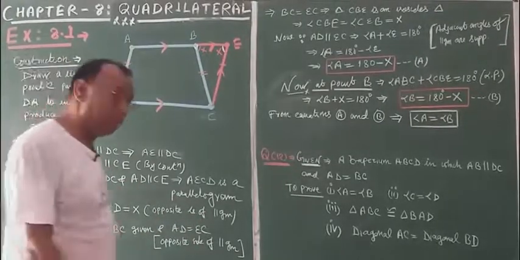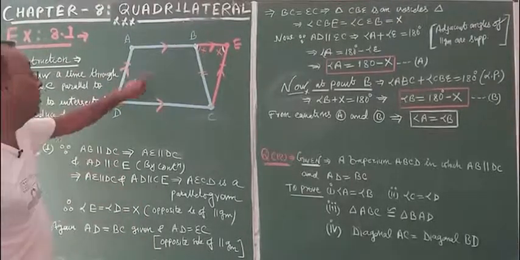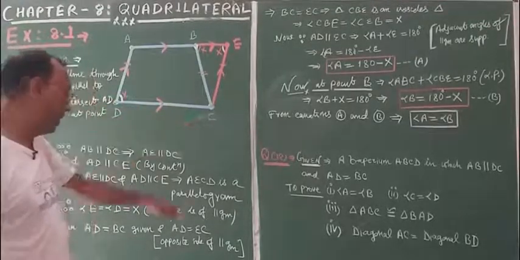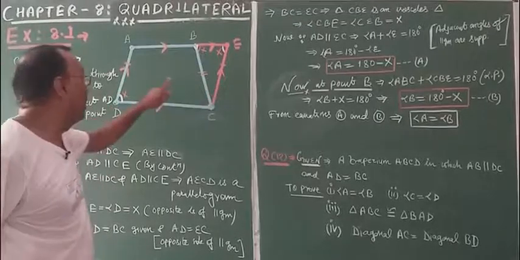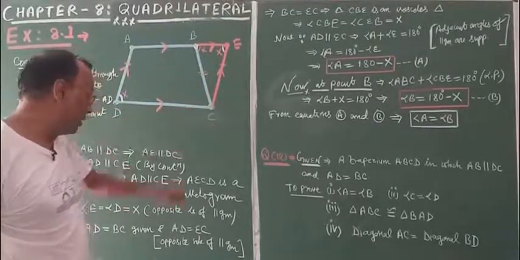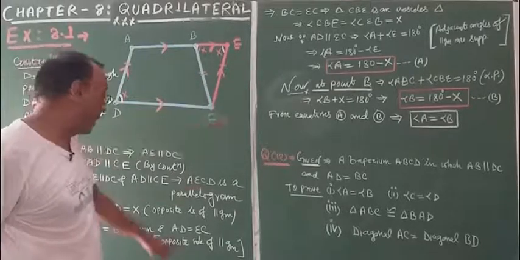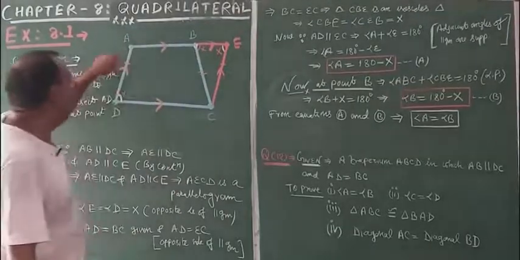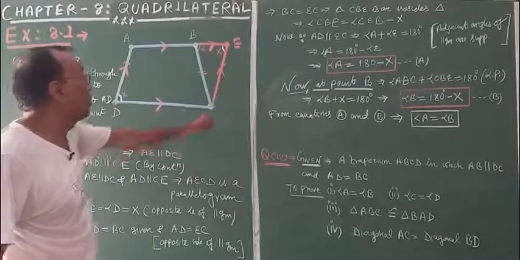Again just look here. AD is equal to BC is given, and AD is equal to EC because they are the opposite sides of the parallelogram. This AD side is equal to BC and this AD side is equal to CE.